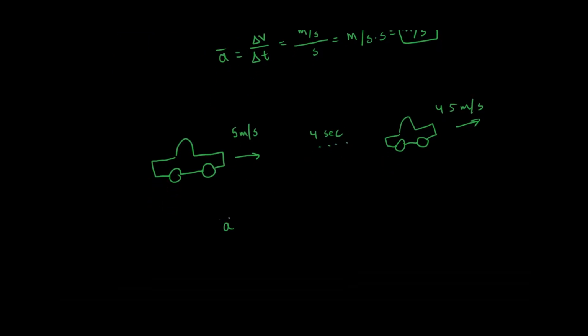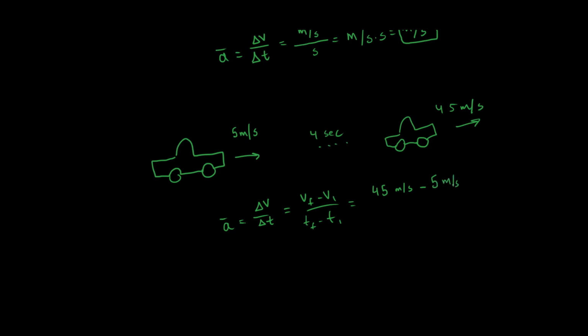So my average acceleration is equal to my change in velocity over change in time. My change in velocity is just my v final minus my v initial over my time final minus my time initial. Now, what's my final velocity? Well, that's 45 meters per second minus my initial velocity, which is 5 meters per second.